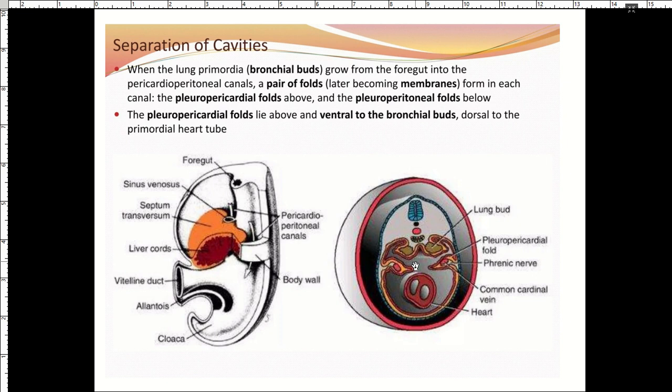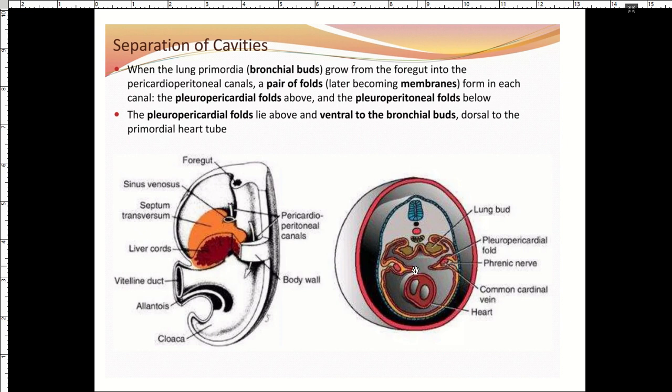Take note of this. Inside the pleuropericardial folds or membrane, you're going to have a right and left common cardinal vein, and the right and left phrenic nerves. It is this pleuropericardial fold that is going to form your fibrous pericardium surrounding your heart.